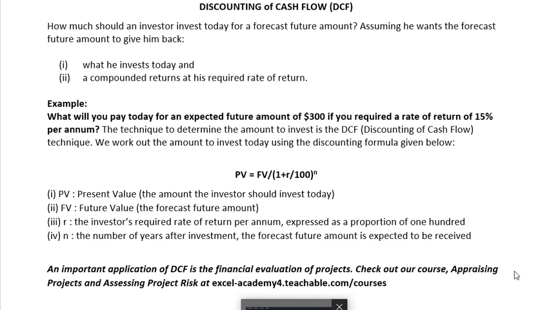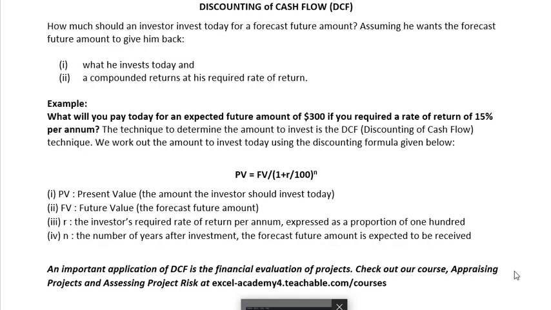PV is the present value of the future amount you expect to receive from the investment. It is also the amount you should invest today for the future amount. FV stands for future value. It is the future amount you expect to receive from the investment.